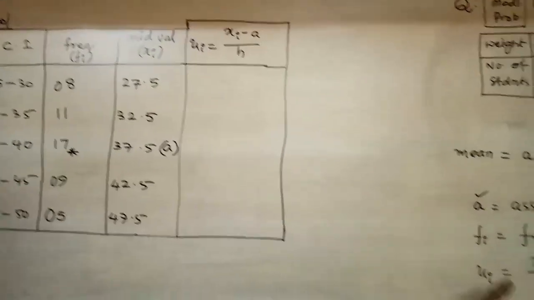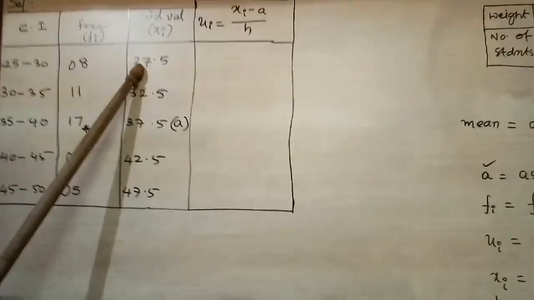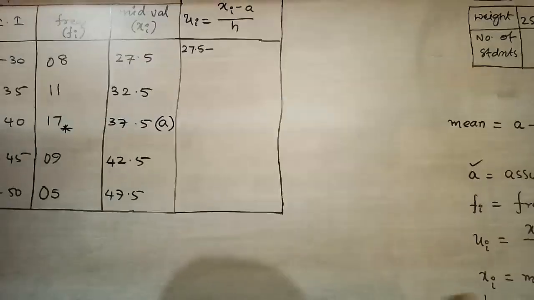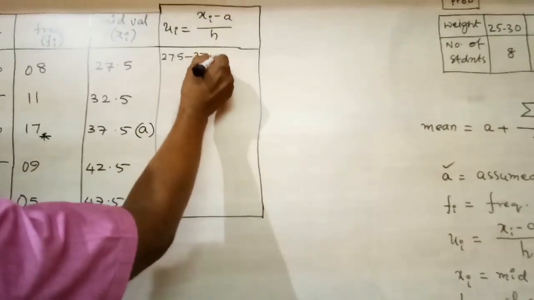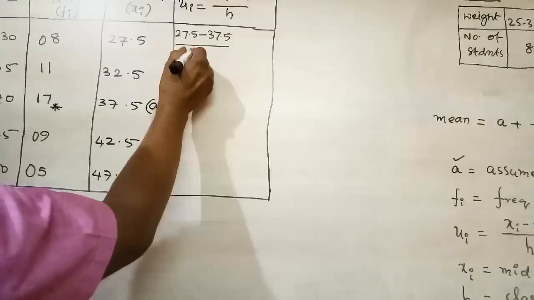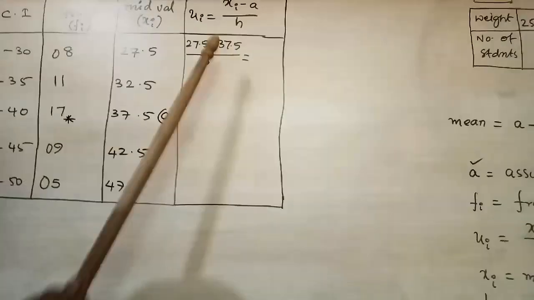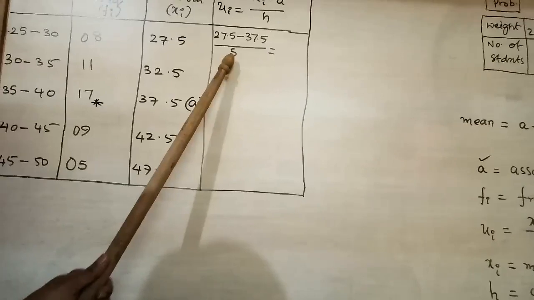To find u1, first take xi, 27.5, minus A, which is 37.5, by h, which is 5. Just substitute. 27.5 minus 37.5 is minus 10, and minus 10 by 5 is minus 2.